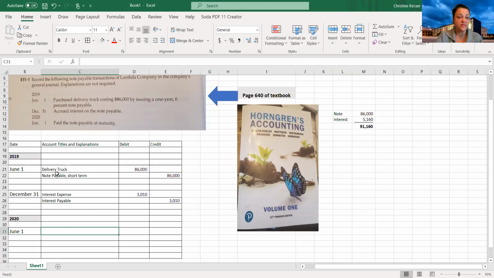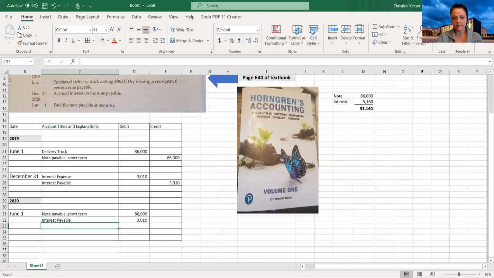We now need to debit that and wipe that out. What else? Well, we have accrued interest payable of $3,010. We also want to wipe that out. It's no longer payable. So we start there. We debit interest payable by $3,010.